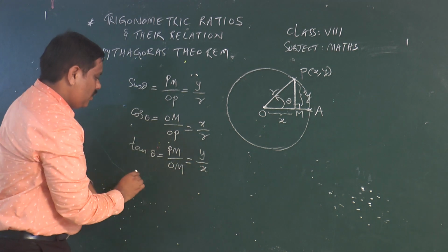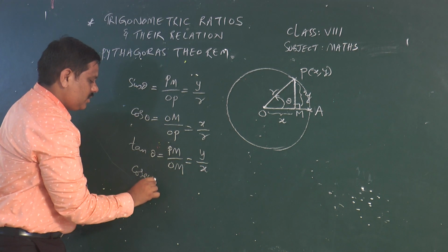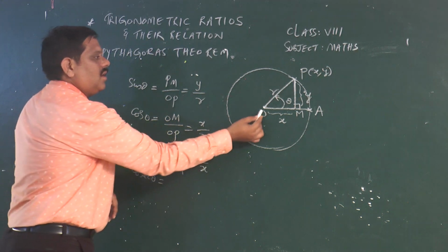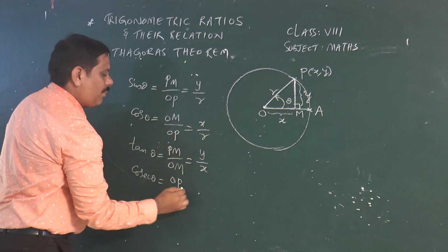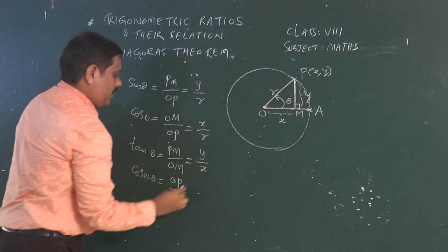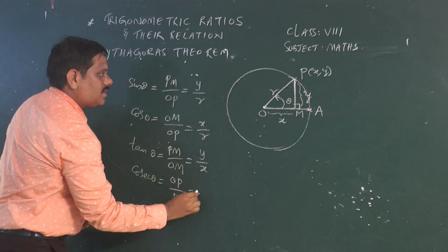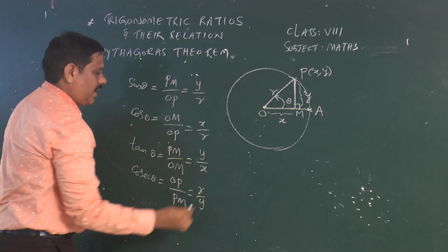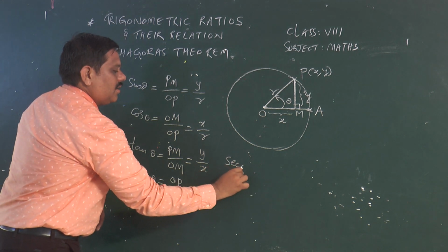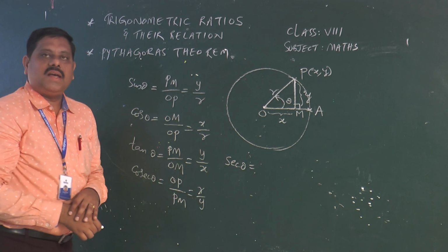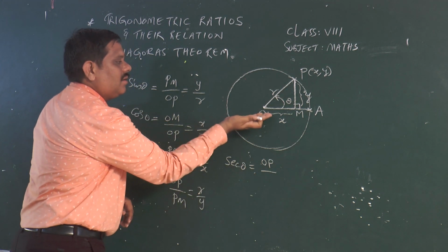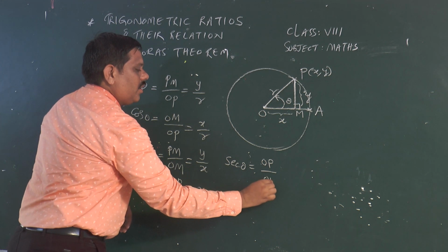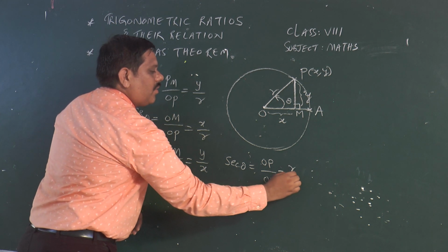Next we have cosecant theta. Cosecant theta is defined as OP, that is the hypotenuse, upon the opposite side, that is PM, that is r upon y. Next we have secant theta. Secant theta is defined as OP, that is the hypotenuse, upon the adjacent, that is OM, that is equal to r upon x.